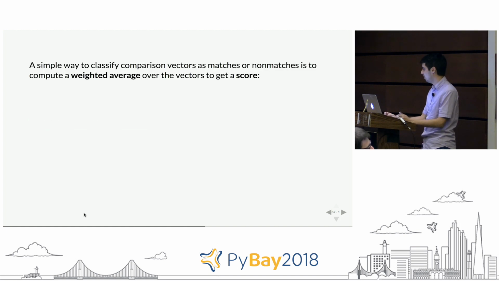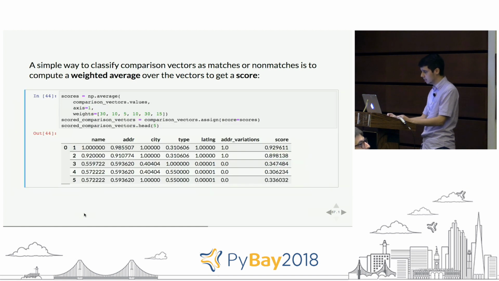It's a very simple way, very straightforward. I just compute a weighted average over the vectors to get a score. So I'll use np.average, get the vectors, and I'll put the weights like 30 for the name, 10 for address, 5 for city, 10 for type, 30 for latitude and longitude, and 15 for address variations.